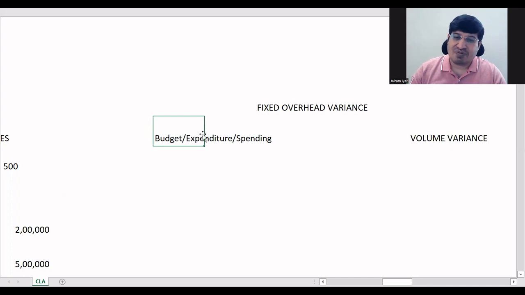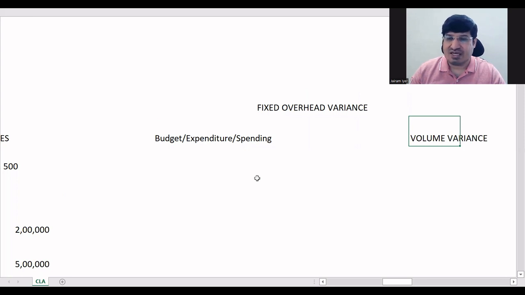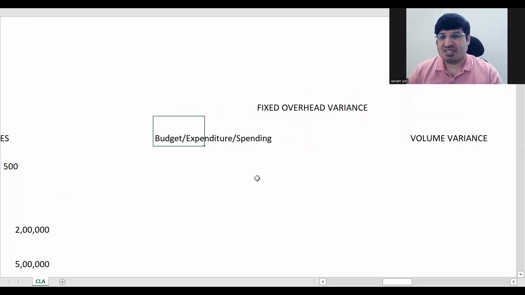This is the first: budget, expenditure and spending variance, and the second one is volume variance. So budget variance stays as it is, and your volume variance will again be subdivided.